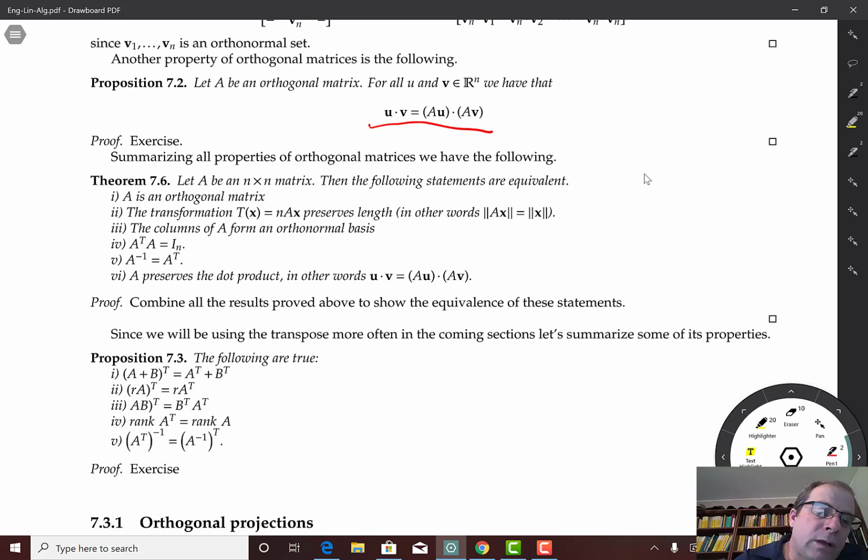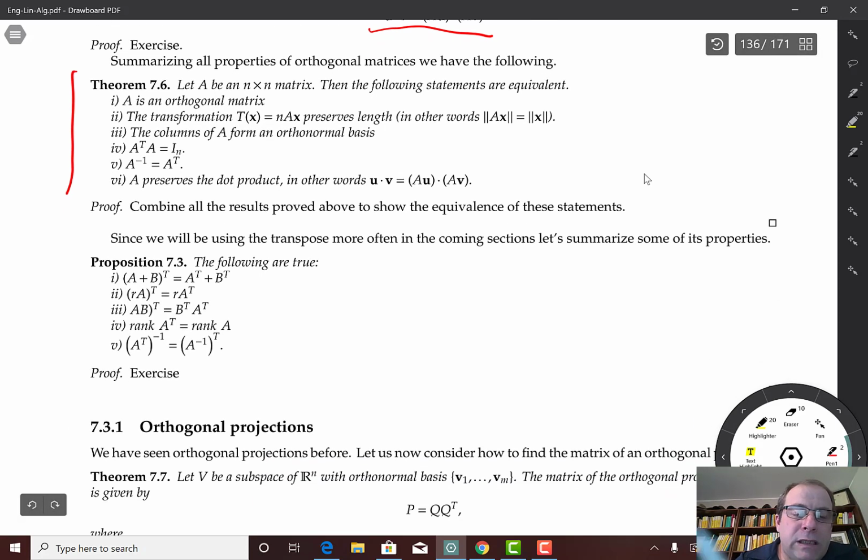Okay, so theorem 7.6 reviews and gives you a nice list of equivalent conditions for when a matrix is orthogonal. The transformation has to preserve lengths. The columns of A form an orthonormal basis. A transpose times A is the identity.